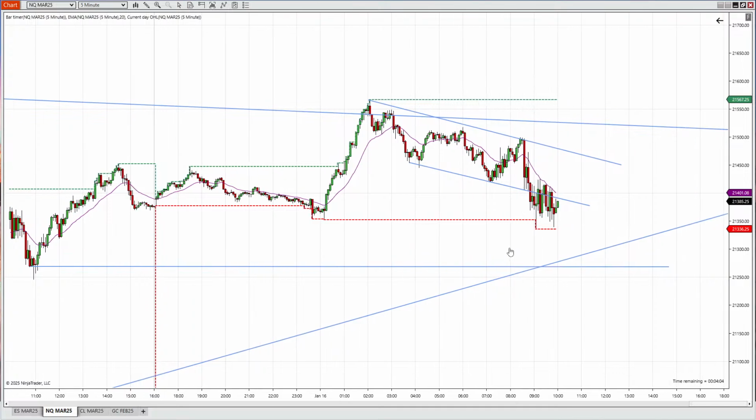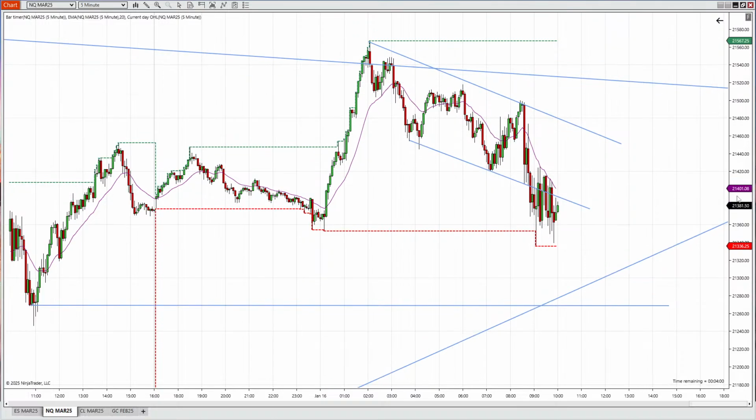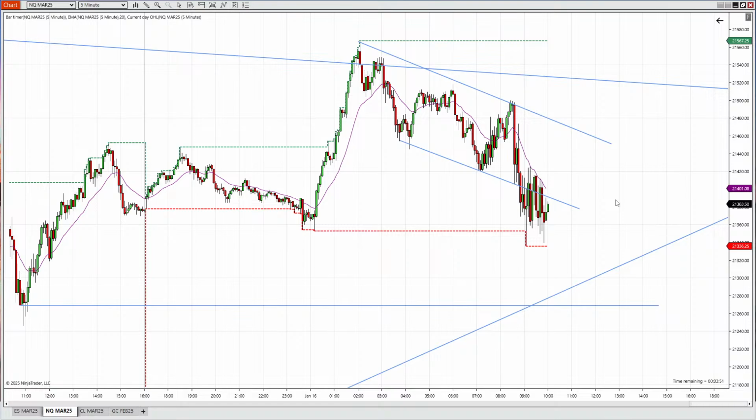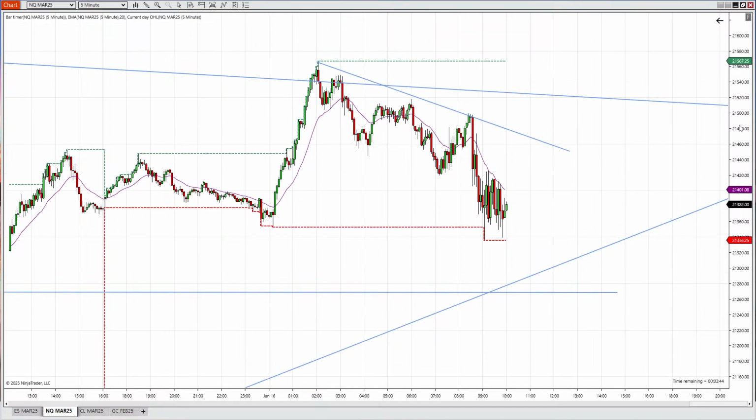These are just levels that I'm keeping in mind, guys. They don't mean anything unless the market has a significant reaction to them. If they don't have a significant reaction to them, then they're kind of just meaningless. Think about removing that since we don't really need it.